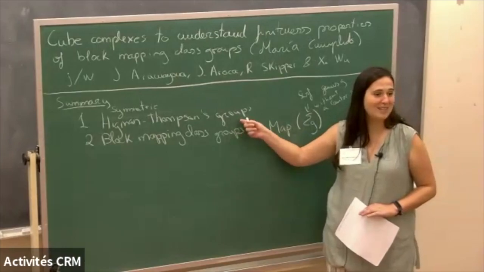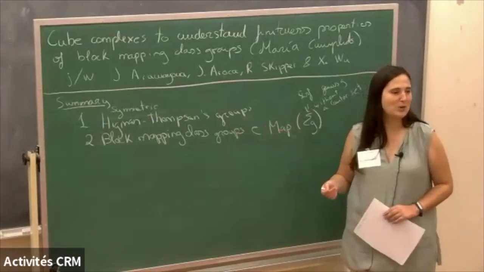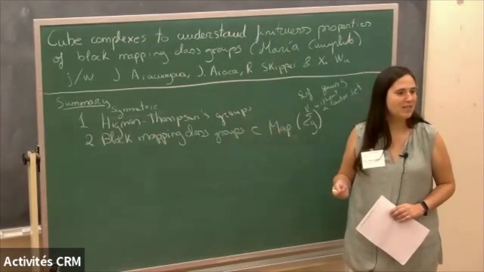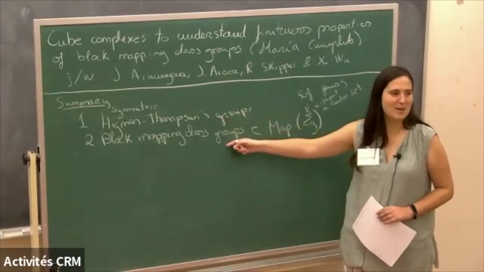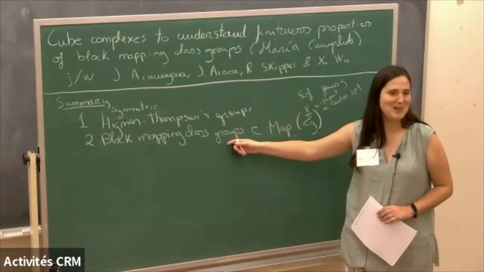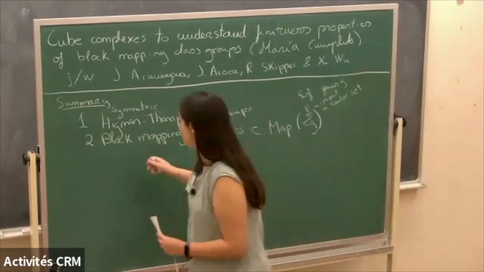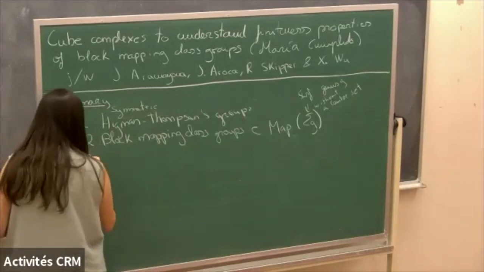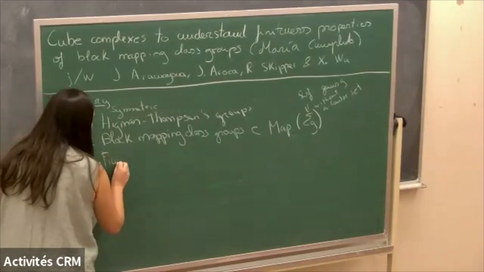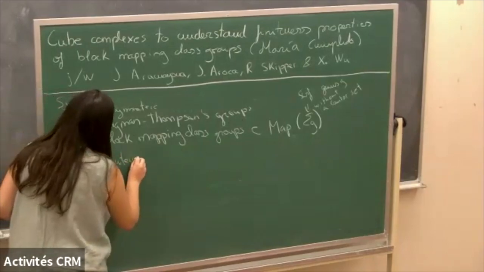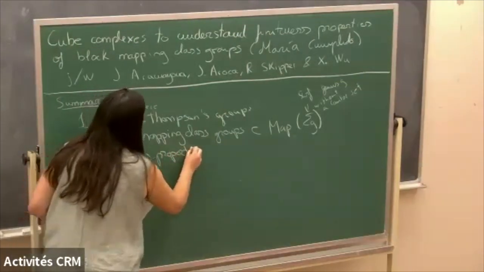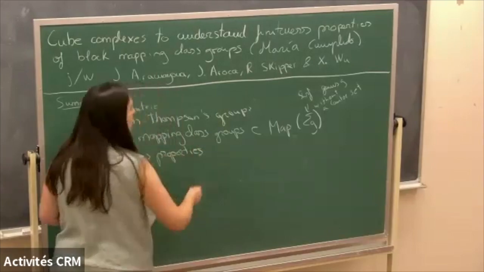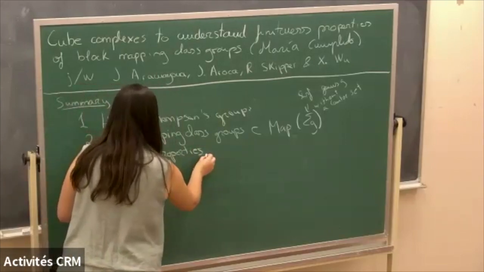For the last 10 years, people were doing similar things with different techniques and getting the same results, something more algebraic and something more topological. And it's very interesting. Then we're going to study the, sorry for my English, finiteness properties of these groups.